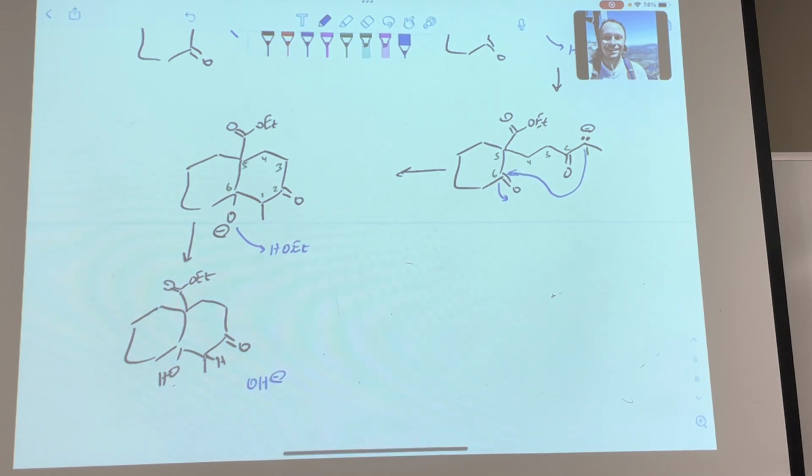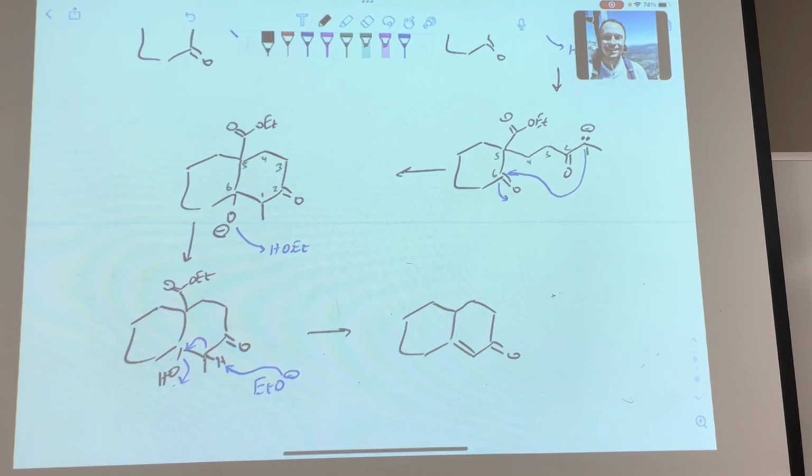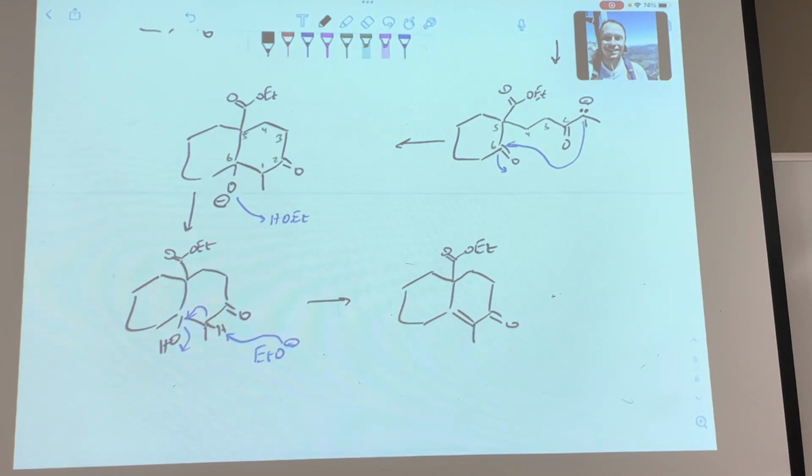So hydroxide, or alkoxide in this case, is going to come in, grab that proton, and kick out hydroxide. Giving us that.